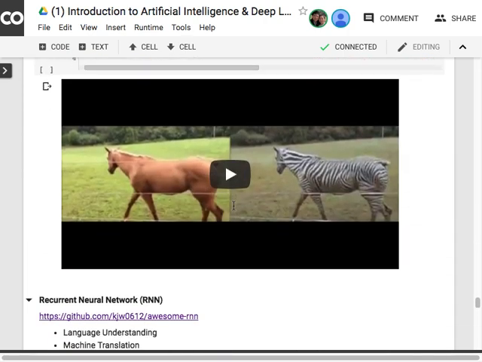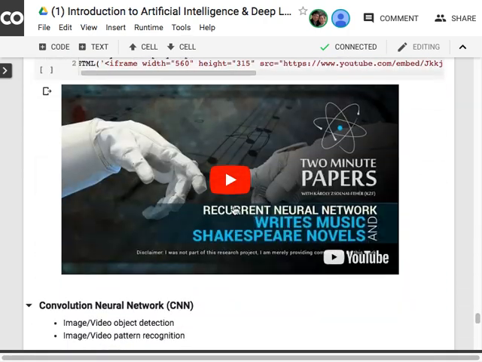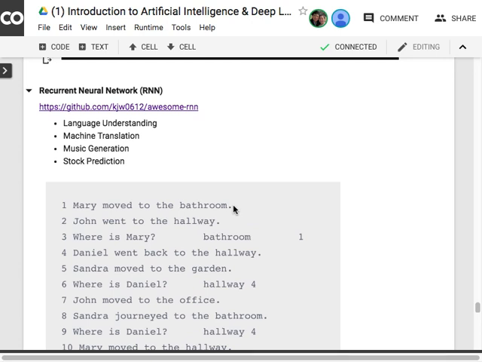Something like I'm going to show you here. The RNN can do a lot of things, such as language understanding, machine translation, music generation, and stock prediction. So when you have sequential data, you need to use an RNN, okay?